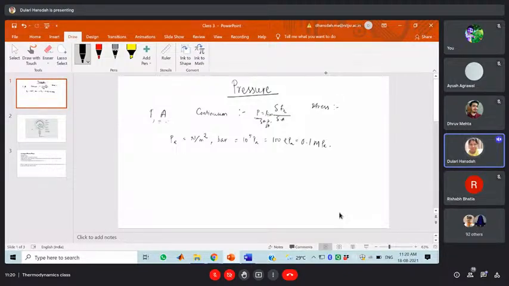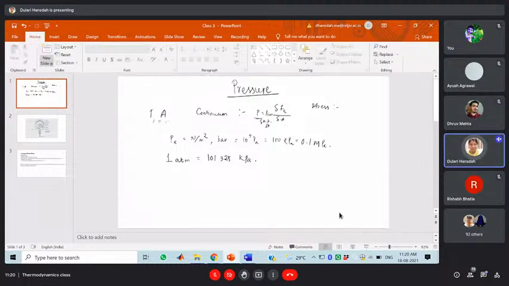Sometimes we define this pressure in terms of the standard atmospheric pressure, which we write as 1 atm, that is equal to 101.325 kilopascal. So there are different terms of your pressure.